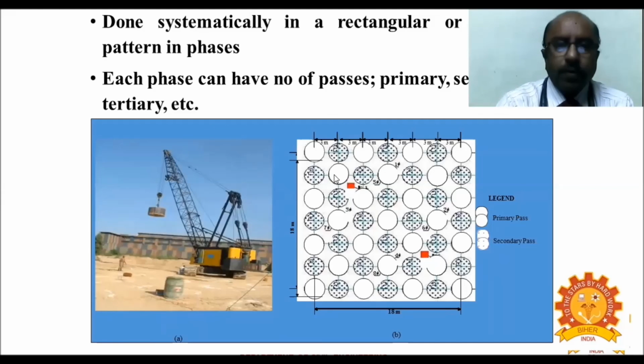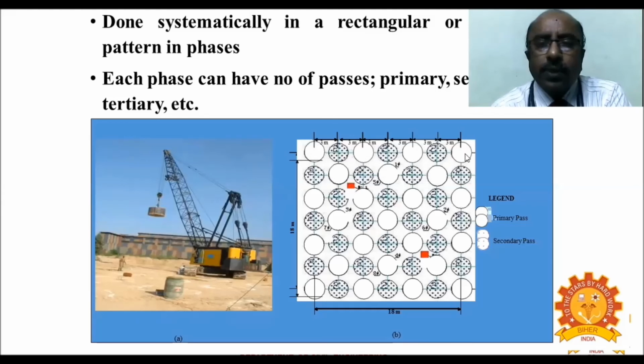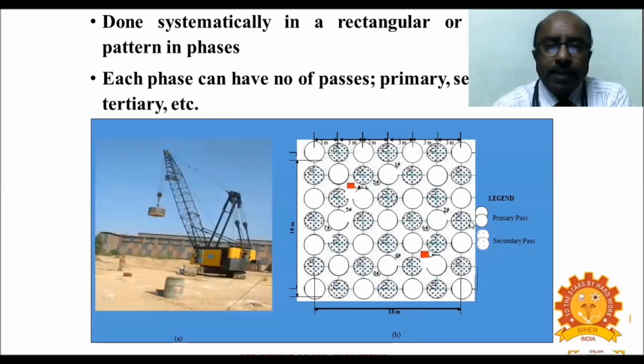And this is the pattern that we have to follow, like this is the primary part. Initially you go for this one, and next this one, and next this one, and then in between you drop again. So alternately it drops, and finally the entire area is completely compacted by this dynamic compaction.